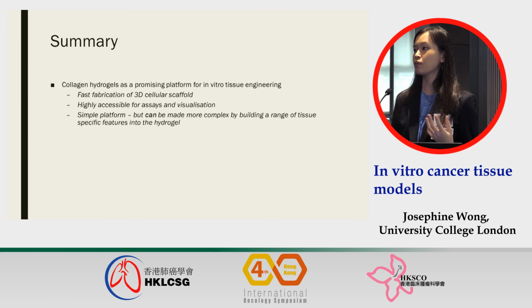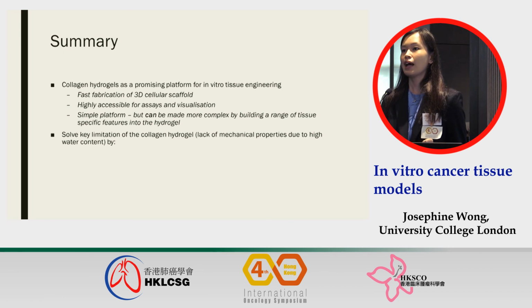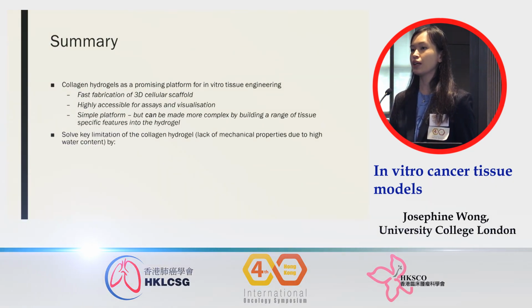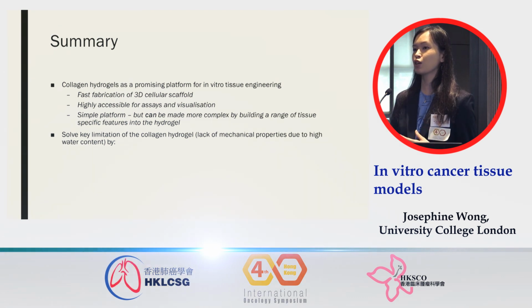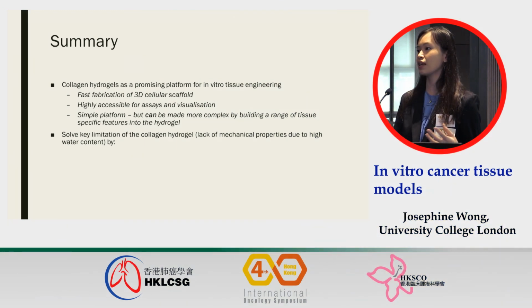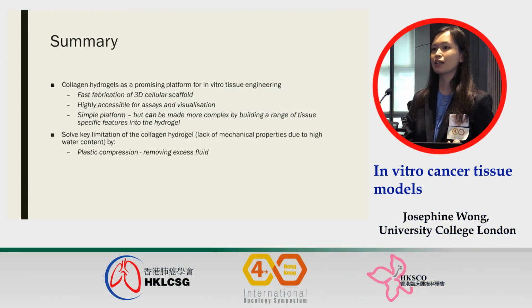For example, you could incorporate growth factors and other physical cues that I've mentioned before. And I've presented some work on trying to solve the limitation of the collagen hydrogel, which is the lack of mechanical properties, so that we have another tool to alter the cell surroundings environment.